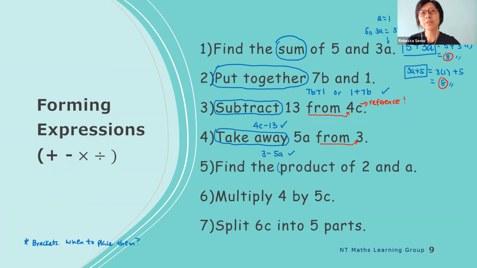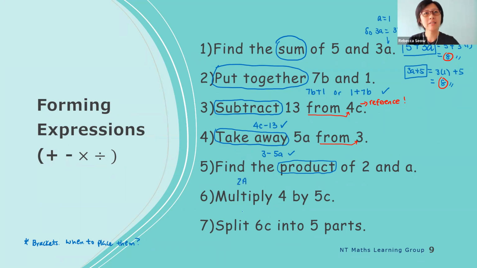Question 5. We have the word product. Find the product of 2 and a. That would mean multiplication. How do we multiply 2 and a? Can you write it as a capital letter A?